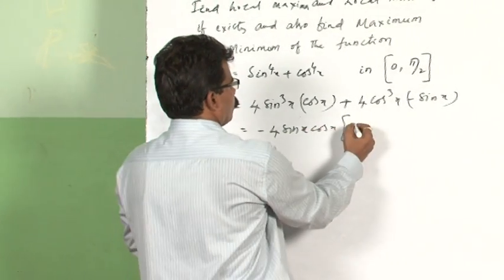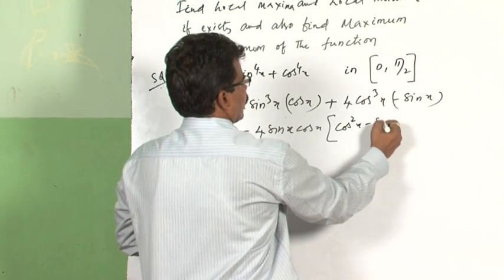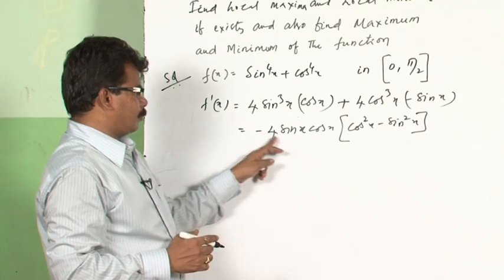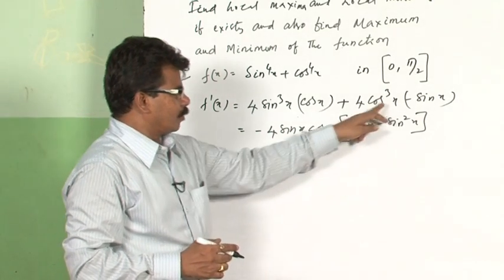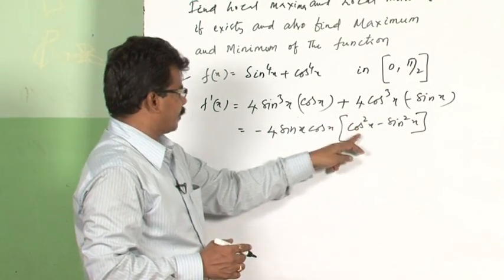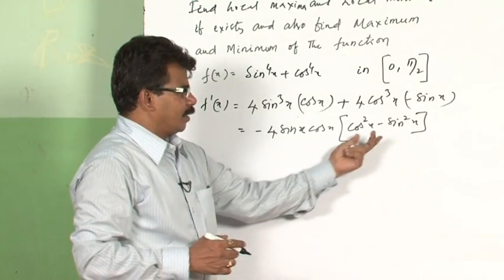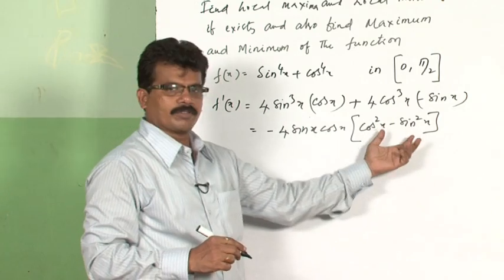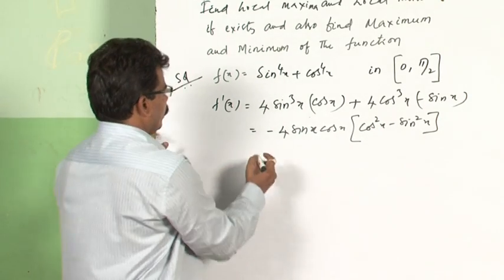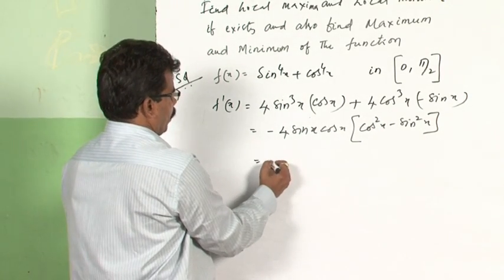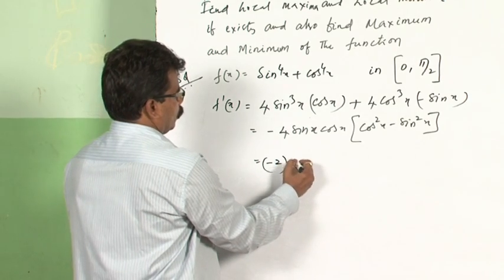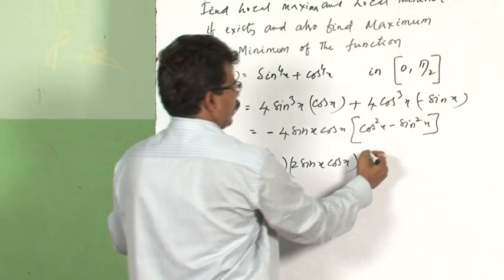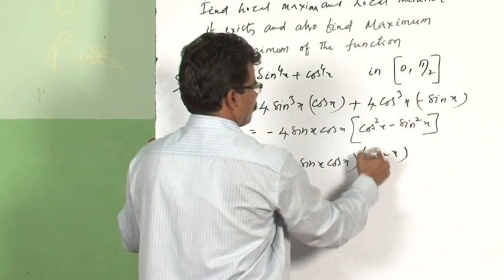Now, tell me what do you get? You will get cos square x minus sin square x. Just see, I have taken minus 4 sin x cos x as common. So, this will become, first, cos square x minus sin square x. Do you remember the formula for cos square x minus sin square x? It is cos 2x. Very good. That is equal to, this can be written as minus 2 into 2 sin x cos x, and this can be written as cos 2x.